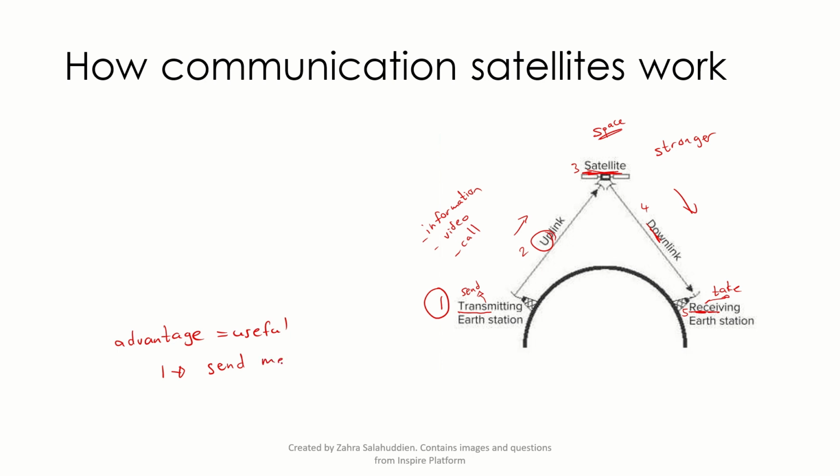So we can send messages to places where phones, the normal phone line, don't work. And number two, we can send things very quickly. It is very fast. So these are advantages. These are reasons that it is useful.